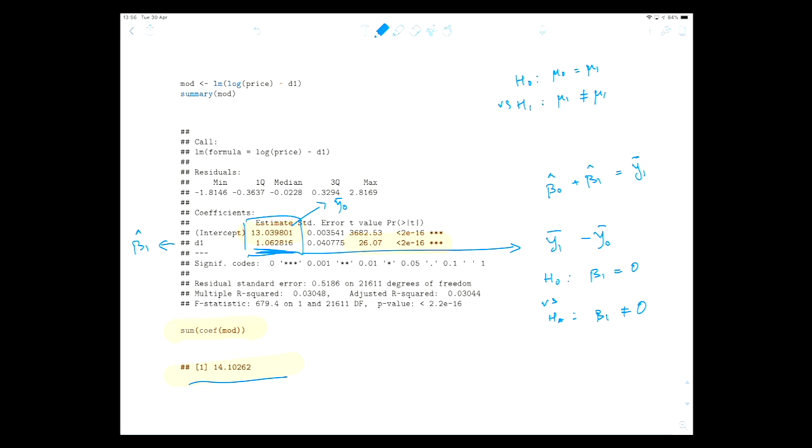We are basically saying that having a waterfront property increases the mean log price of the property value by that amount. A non-waterfront property has a mean log price of 13.039, but having a waterfront property adds to the log price by about 1.06. Does everybody get that?